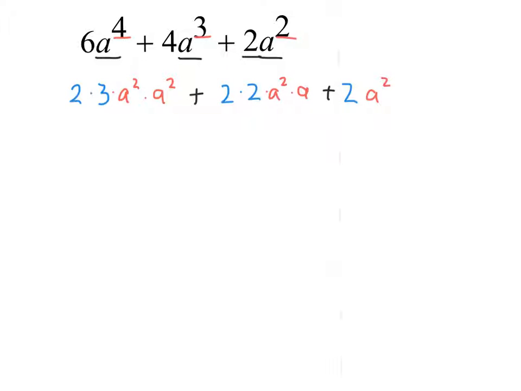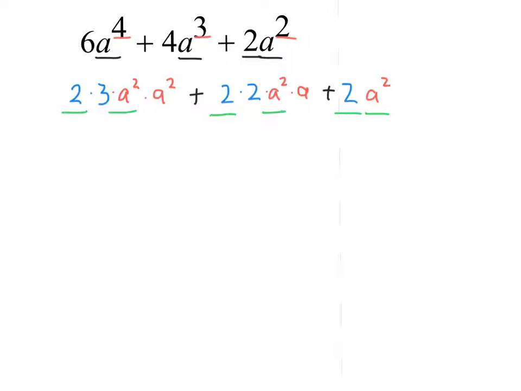So I've rewritten that polynomial with all of the factoring done so that we can quickly take a look at what's going on here. So because we have a 2 in each one of these terms, we're going to factor that 2 out. And then we'll also notice that in each one of these terms, we have an a squared.